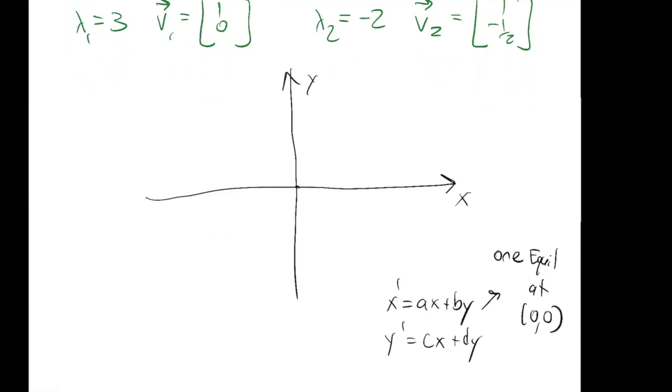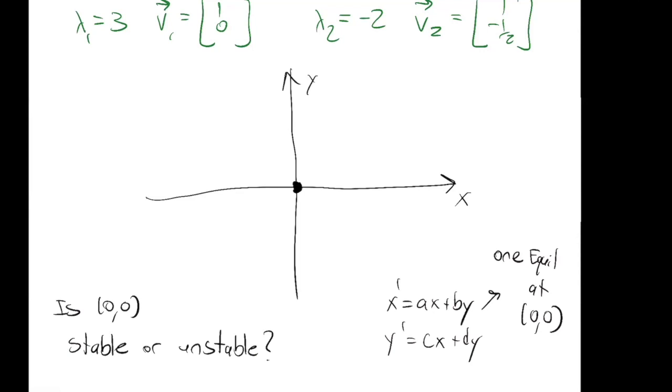So we're only going to have one equilibrium over here. And what we want to think about is, is that equilibrium stable or unstable? What is the long-term behavior going to be? If solutions start near (0, 0), are they going to stay near (0, 0)?